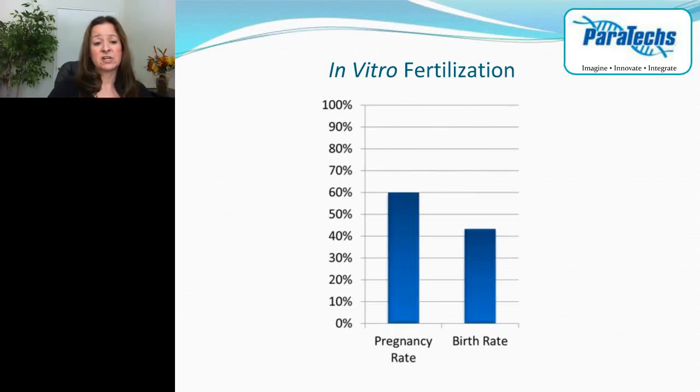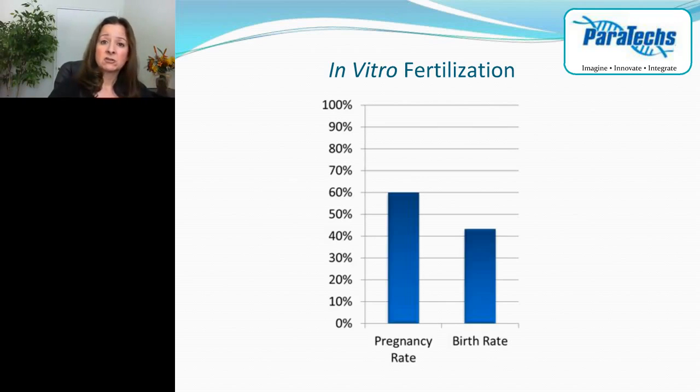Non-surgical embryo transfer can also be used to transfer embryos generated by in vitro fertilization. This graph shows the pregnancy rate and the birth rate for non-surgical embryo transfer. IVF of fresh oocytes from B6C3F1 female mice and cryopreserved sperm from B6C3F1 males was performed.